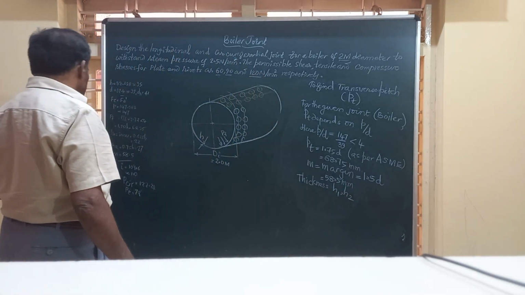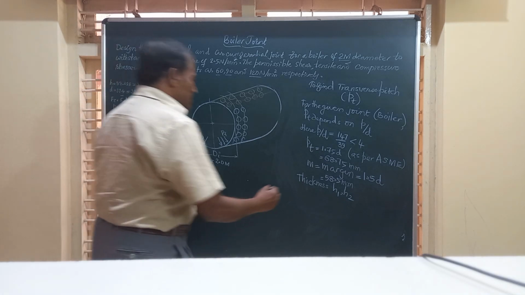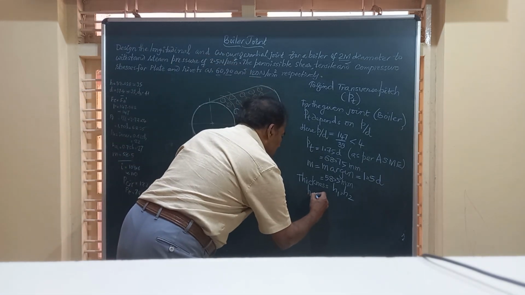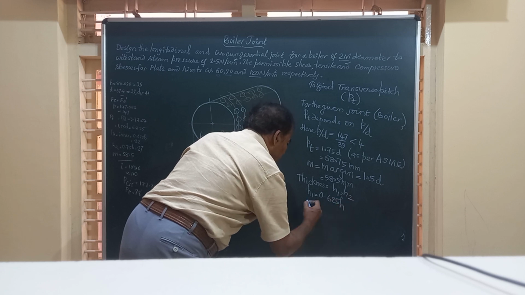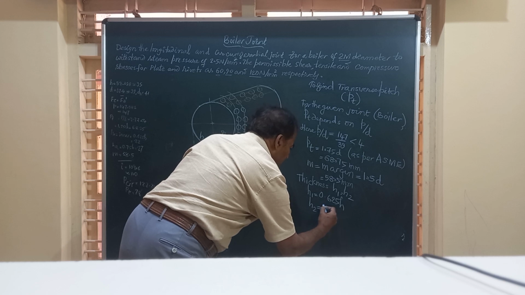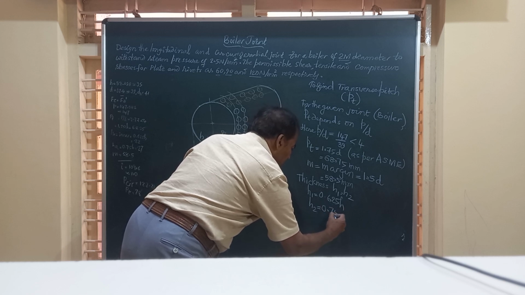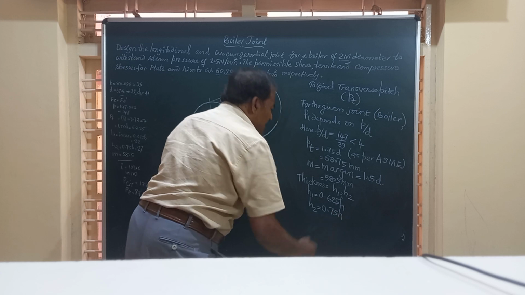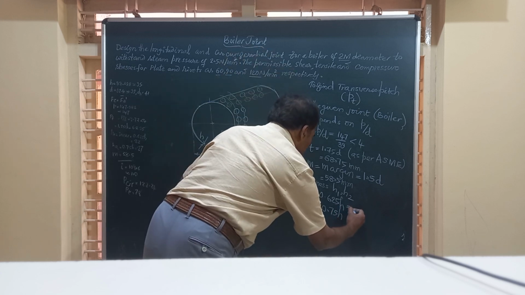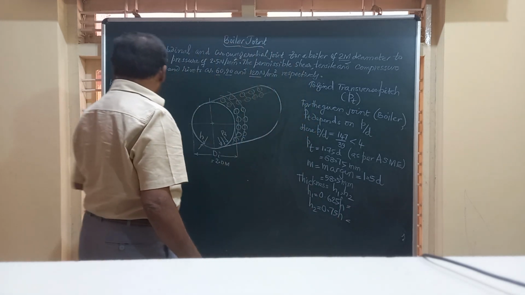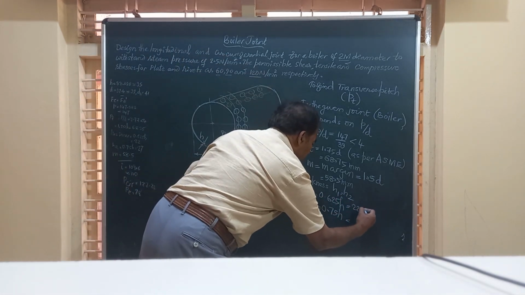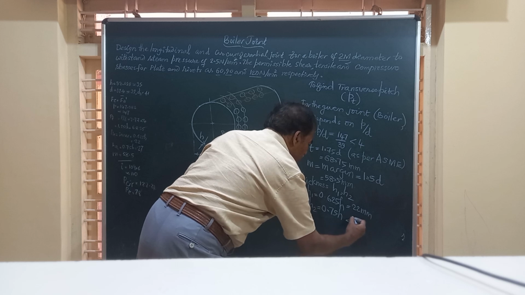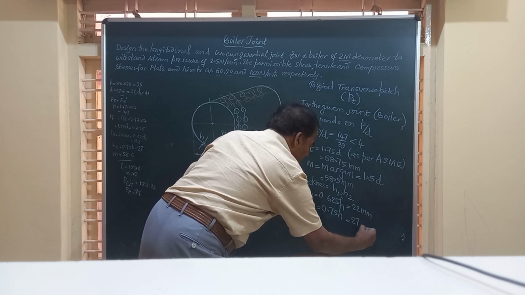H1 is the thickness of the inner cover plate, 0.625H, and H2 is the thickness of the outer cover plate, 0.75H. We know the value of H, and hence we will be able to calculate H1 and H2. H1 works out to 22 mm, and H2 works out to 27 mm.